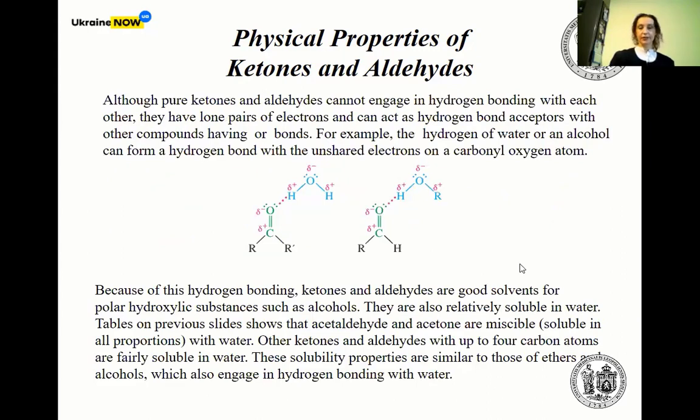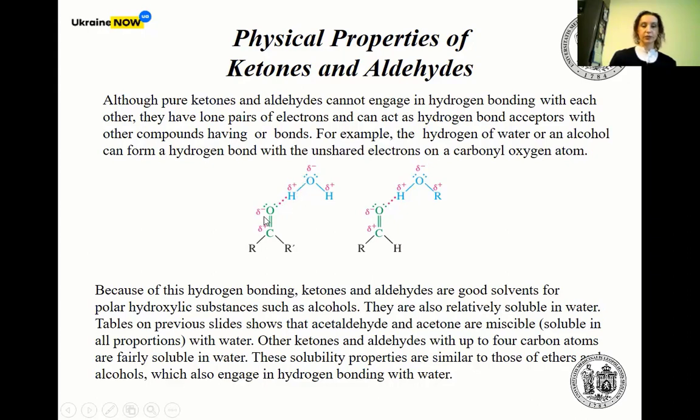Here you can see an example of how a ketone or aldehyde interacts with water molecules. Here we have a polarized bond, with partial positive charge at carbon and partial negative charge at oxygen. The same here in this molecule, the OH bond is polarized and the partial positive charge is at hydrogen.